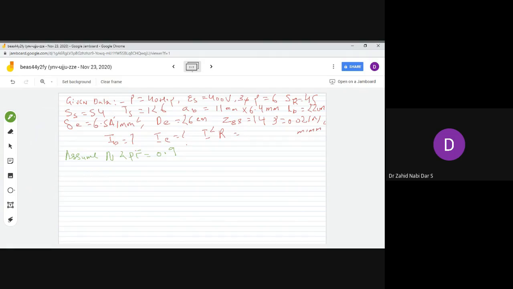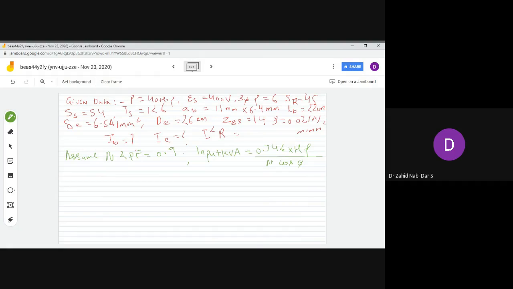Then your input kVA, I have written this formula in the very beginning. Input kVA is equal to 0.746 into HP divided by efficiency into cos phi, and this we have 0.9. The HP value we know, so we can substitute here.